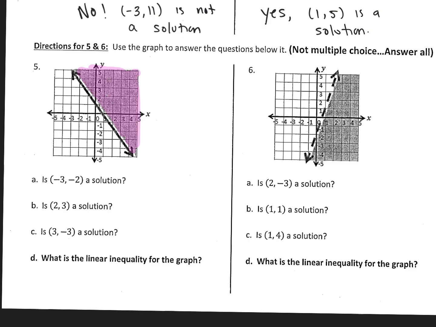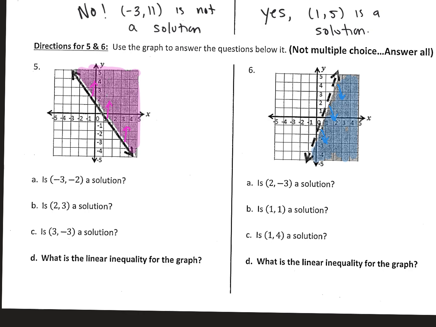So in this case, this one would be talking about greater than because we're looking at things that are above the line or greater than. And in number 6, this one is shaded below the line. So this inequality would be talking about things that are less than because we shaded underneath the line.